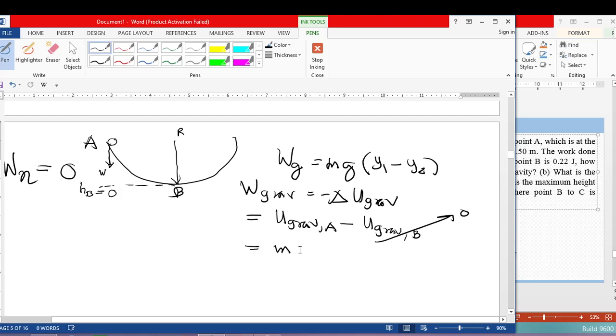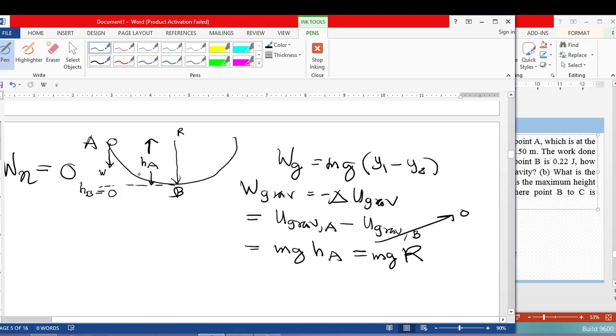We have mg times the height at point A, which is actually equal to the radius, assuming the bowl is a perfect semicircle. So we have mg, and our hA is equal to R, the radius of the hemispherical bowl.